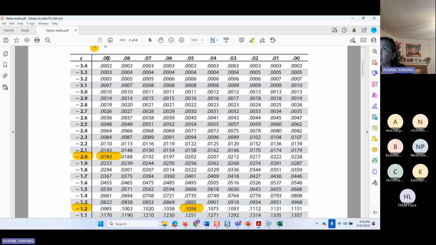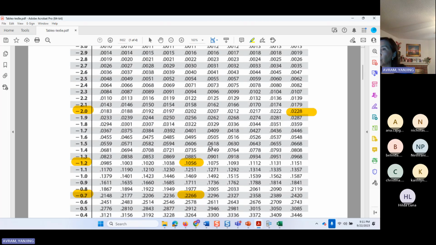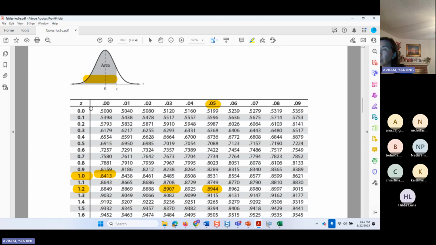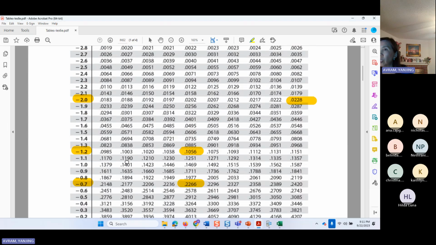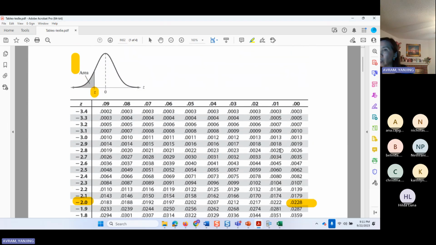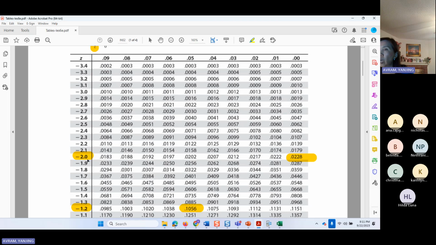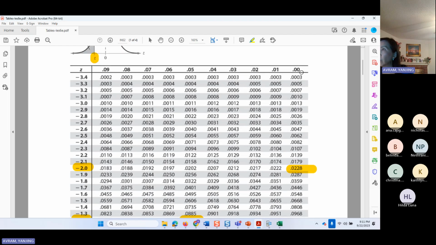The negative ones start with 0.09, so my negative 2.00 actually is the last one, not that one, it's this one. Remember, I have to read the top as well. If you look at the positive ones, 0.00 is right here. When z is negative, 0.00 actually is the last one. That's why you always read it very carefully. Don't assume.